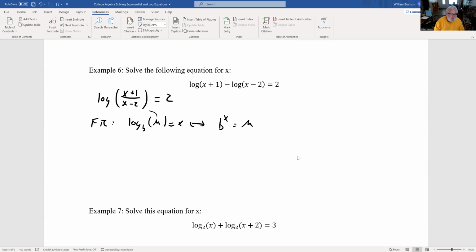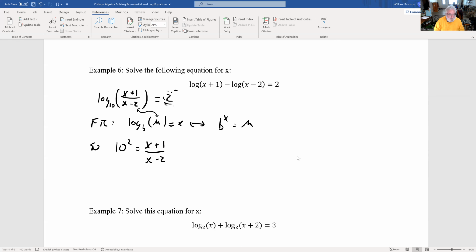So here, m is the thing inside the logarithm, the base b is 10, and x, the power, is 2. So if we rewrite this using the fundamental rule, we get the base, 10, to the power, 2, equals x plus 1 over x minus 2.